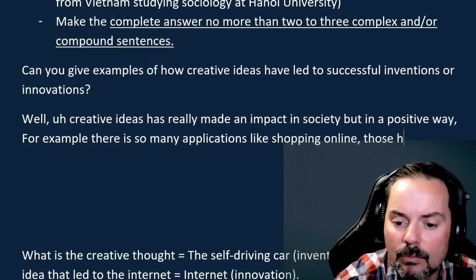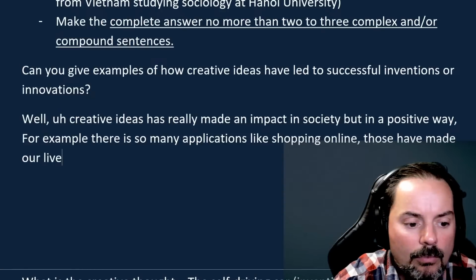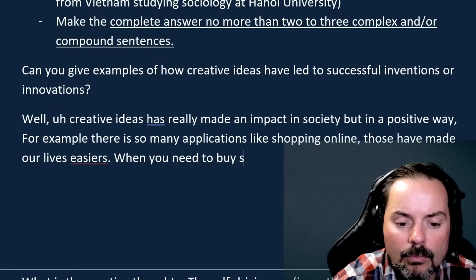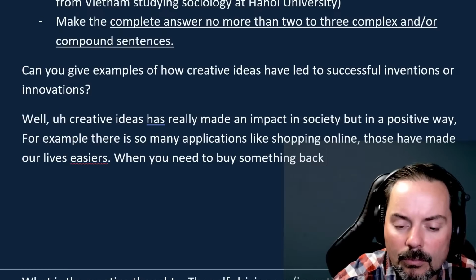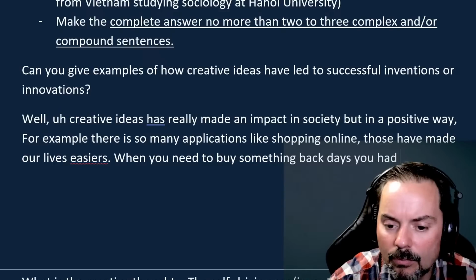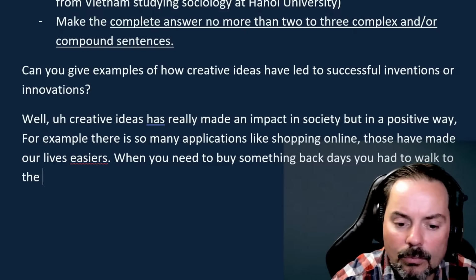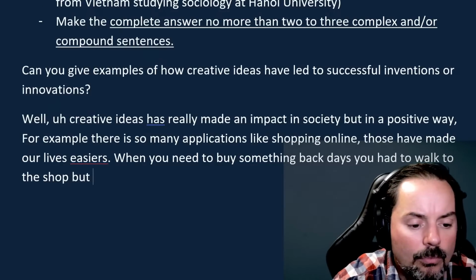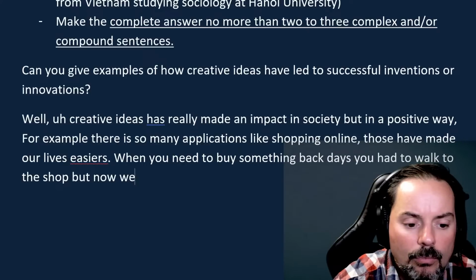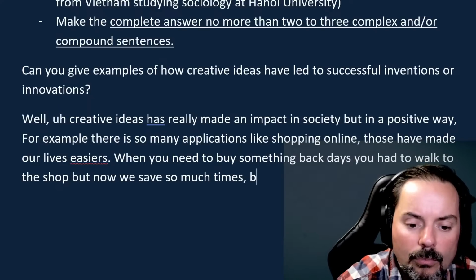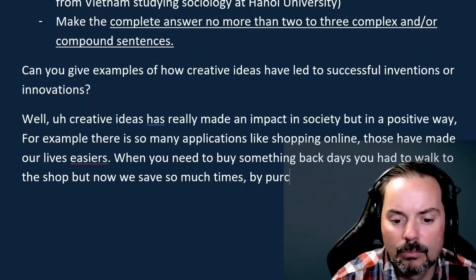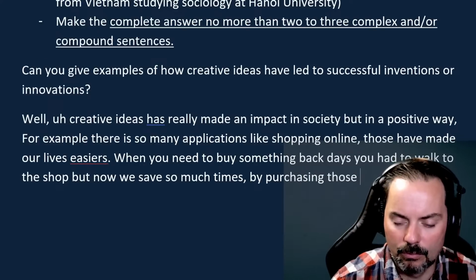For instance, if we need to buy something, back in the days you had to walk to the supermarket or to the nearest shops. While nowadays using these applications has made our life easier, we save so much time by purchasing via those applications. It also helps us to navigate or to window shop.